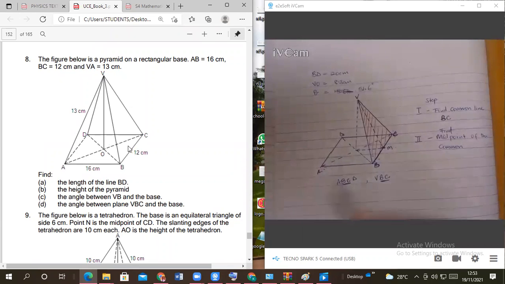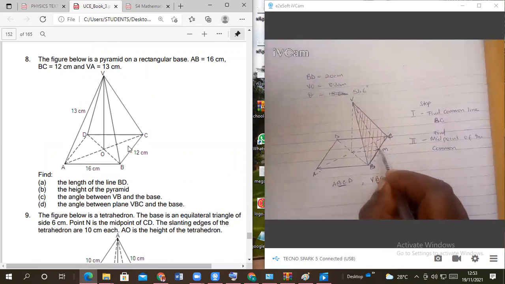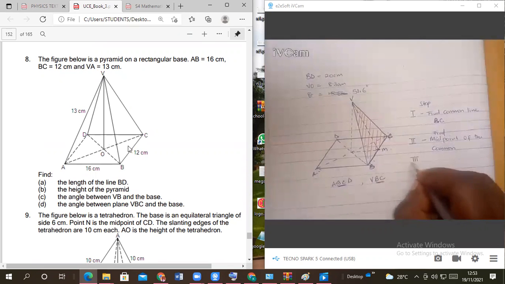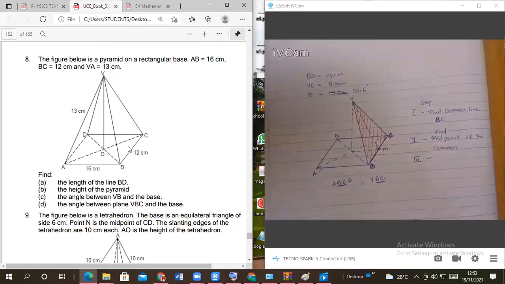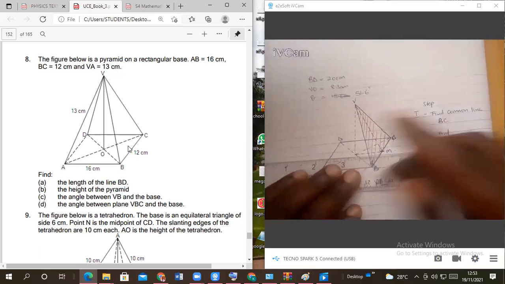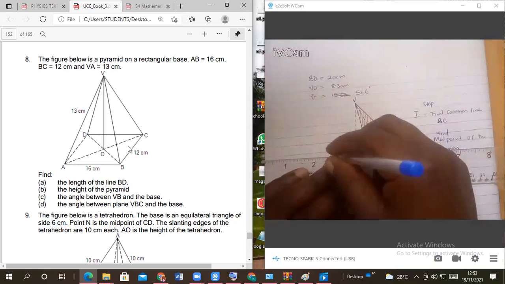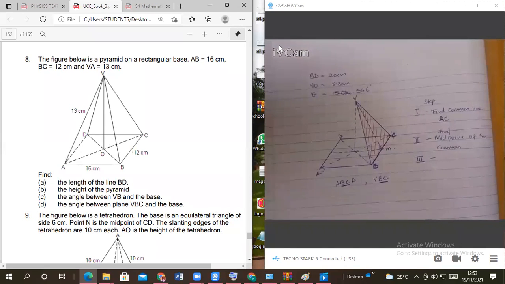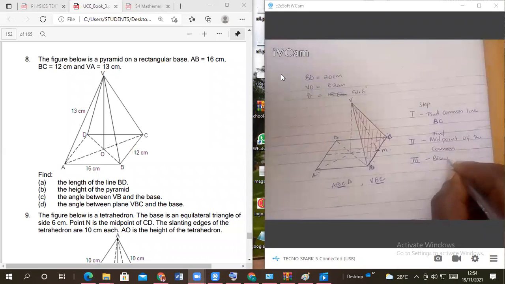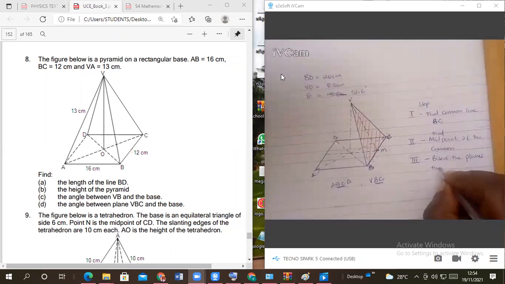Okay, so now you have found the midpoint, it's here, and then the third thing I've already done. What's the third thing? You bisect the planes through the midpoint.